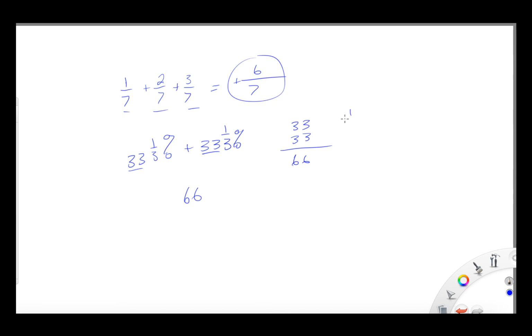And then what about 1/3 plus 1/3? Again, we have the common denominator of 3, so we can keep that. And 1 plus 1 is 2, so we have 2/3. So it's 66 and 2/3%. Okay? The biggest thing to remember is we have to have a common denominator.